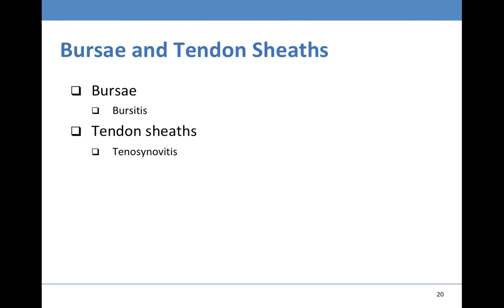The tendon sheaths will be a tube-like bursa that wraps around the tendons where there are considerable amounts of friction. So, for example, the tendon of the biceps brachii at our shoulder joint. And so this is a tube-like bursa that wraps around the tendons, and so it gives it that protection or that cushion.